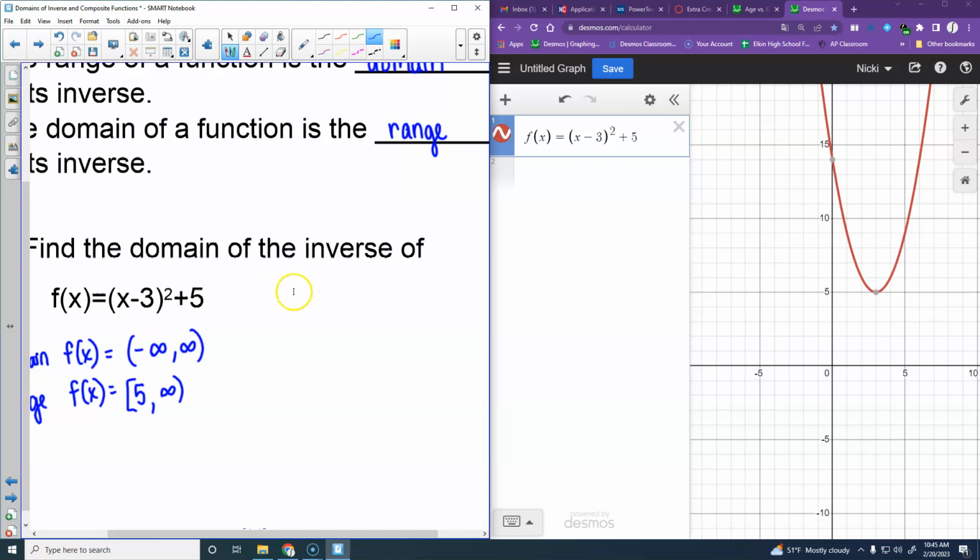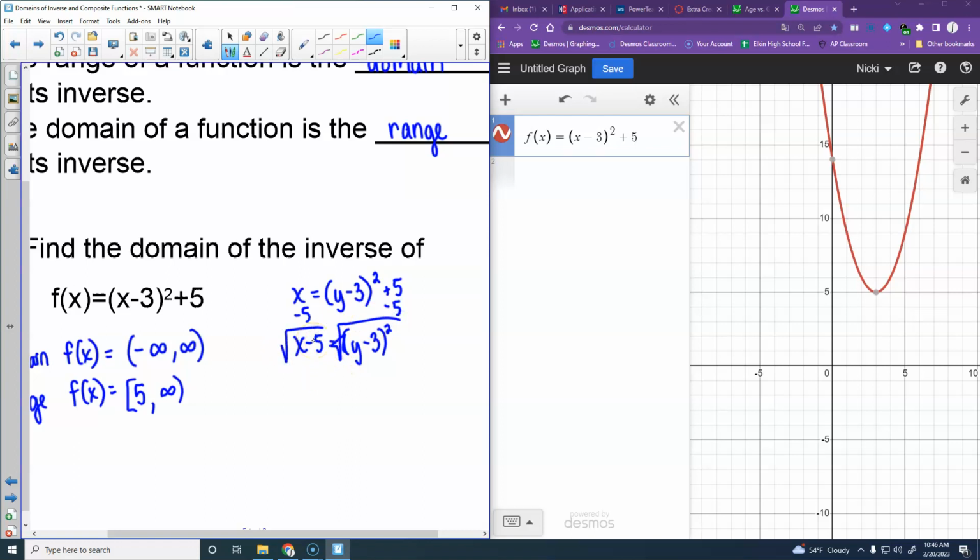If I switch the x and y's, I get x equals (y minus 3) squared plus 5. So I would subtract that 5 off first. So x minus 5 would equal (y minus 3) squared. I would square root both sides.